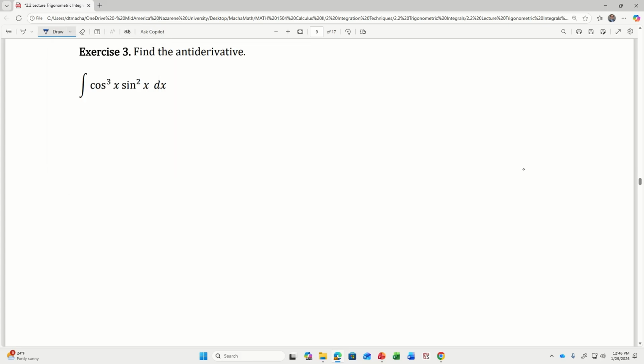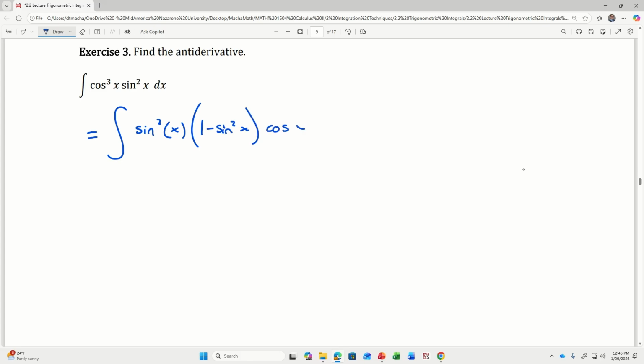I've got an odd positive power of cosine, and when I see that, I think, let me convert cosine squared into 1 minus sine squared.